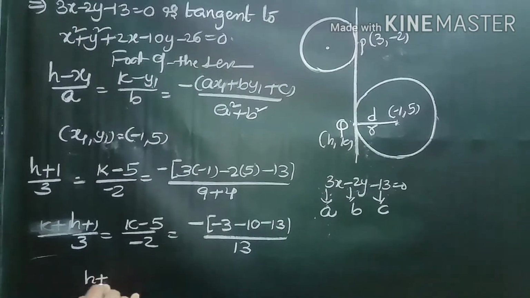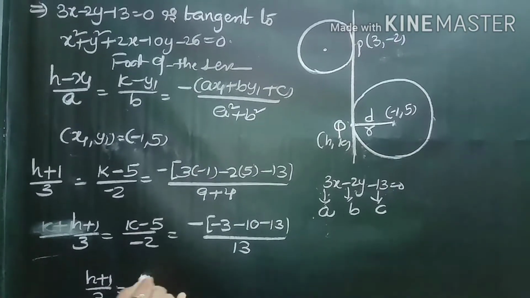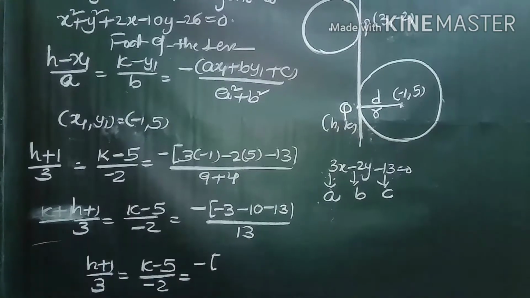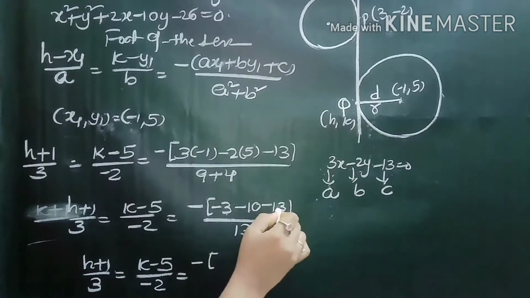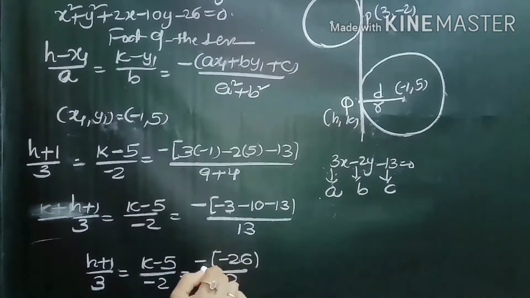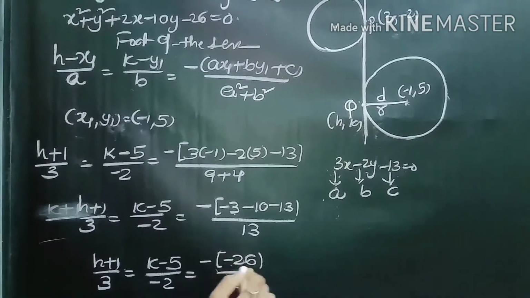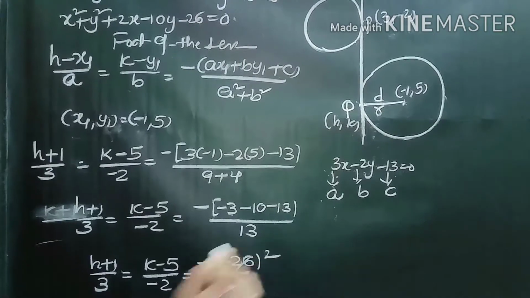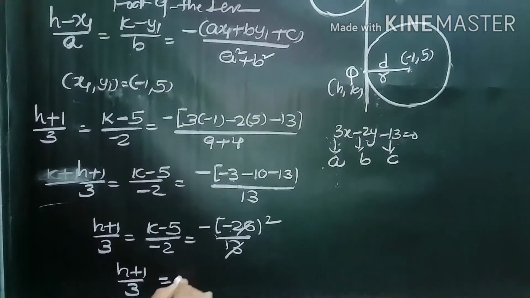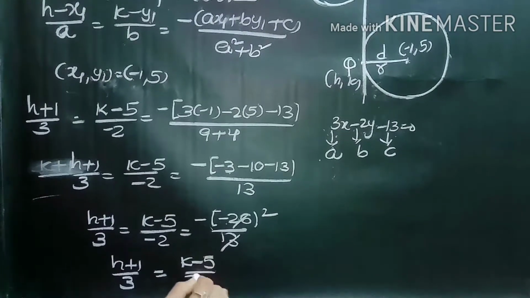That is minus of (-3 - 10 - 13), which is -26 by 13, so minus of -26 is plus 26 by 13, which returns the value 2. So (h + 1)/3 = (k - 5)/(-2) = 2.